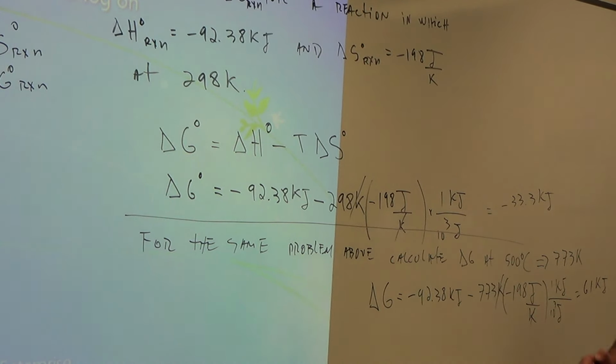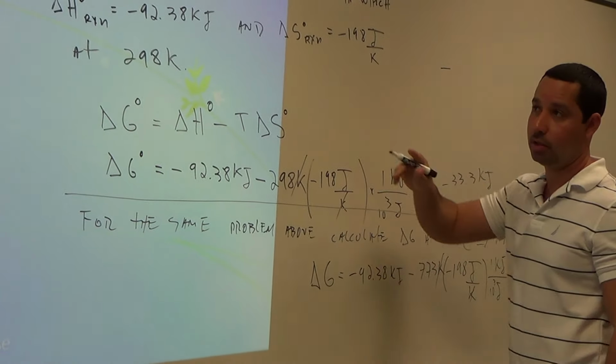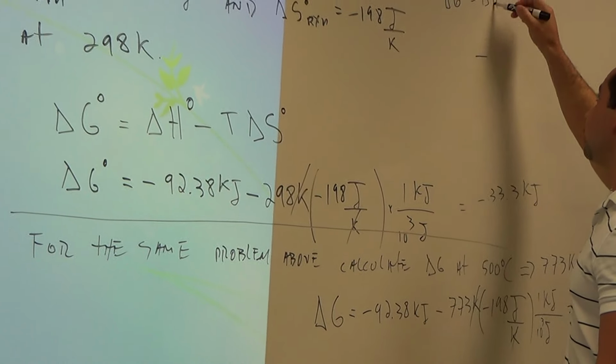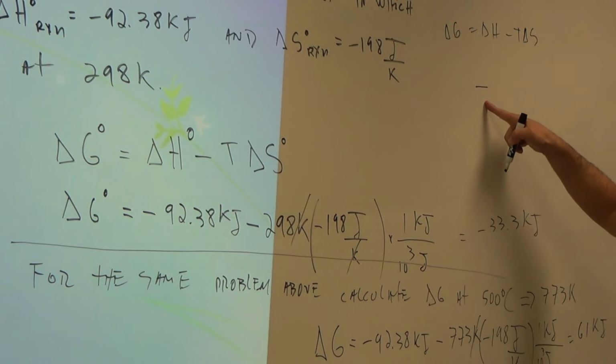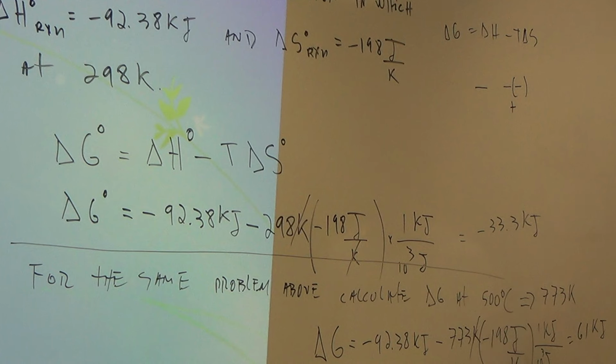And remember how we were doing this plus and this minus thing? Here's a minus. Let's say this is delta G, delta H minus T delta S. Here's a minus for this. Minus and another minus, so this is going to give you a positive.